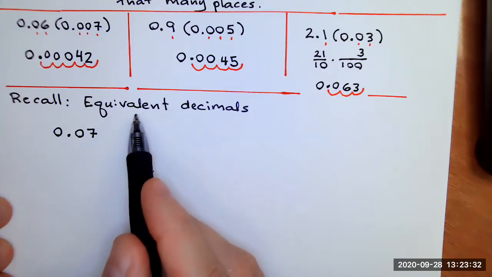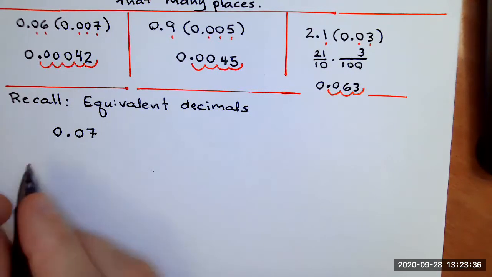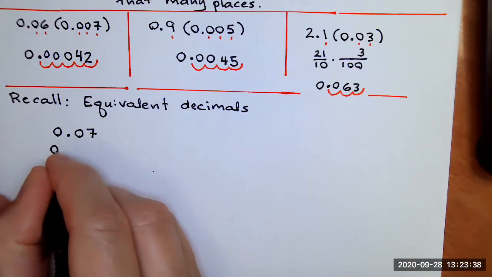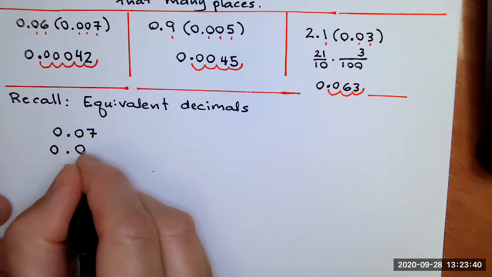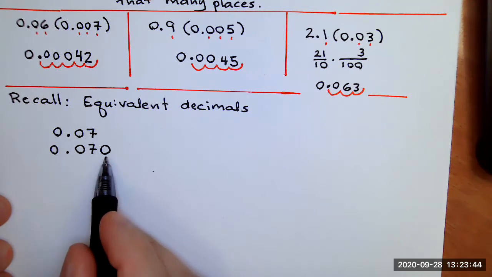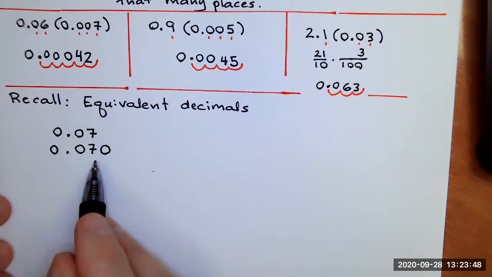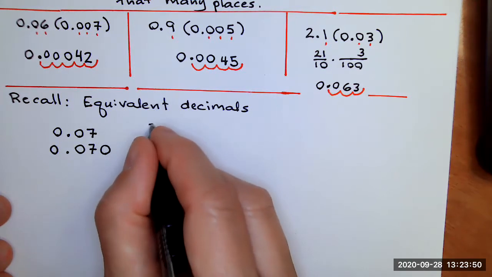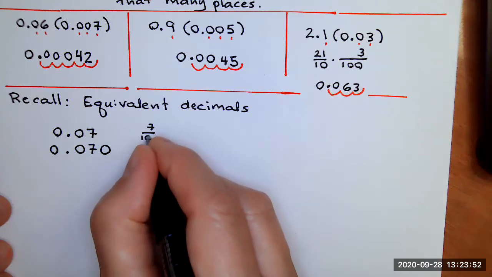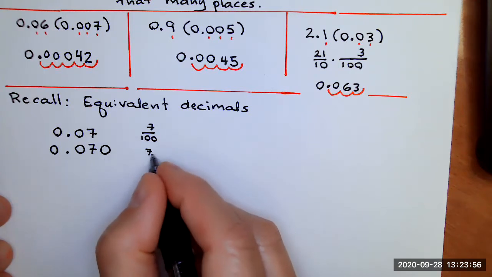All right, let's talk about equivalent decimals before we do the next example. So remember, you can always add zeros at the end of a decimal, and it means the same thing. So this is 7 over 100. This one is 70 over 1,000.